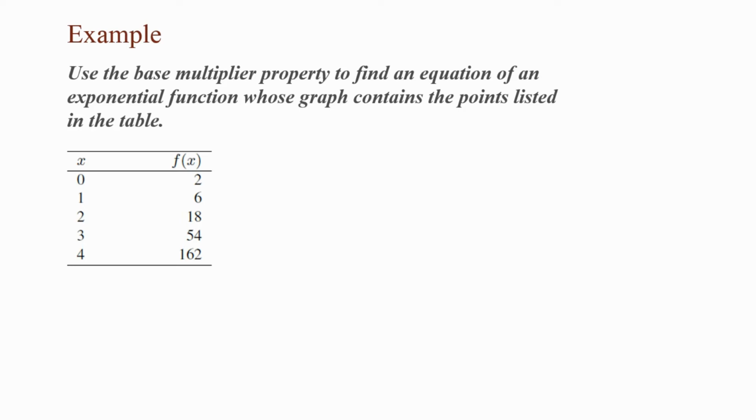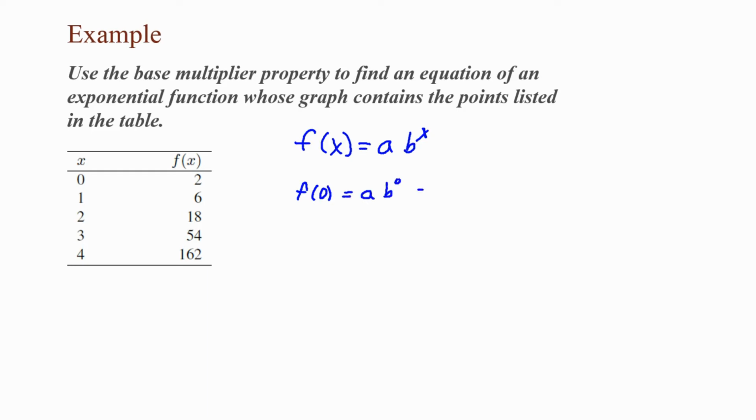For our function, we want to use f of x equals a b to the x power. When x is 0, f of x is 2. So what that means is if I have f of 0, I would have a times b to the 0 power.